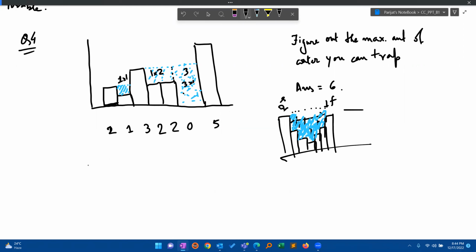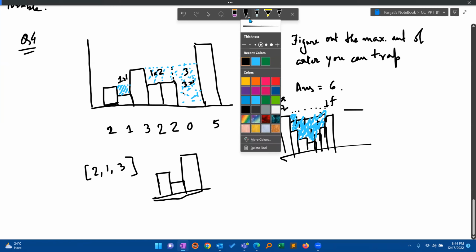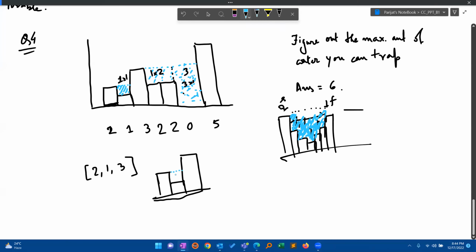So say if the input was only 2, 1, 3, right? If the array size was only 2, 1, 3, it will look like something like this. This is 2, this is 1, and this is 3, right? So what would have been the answer in this case? The answer would have been 1, right? Answer would have been 1.